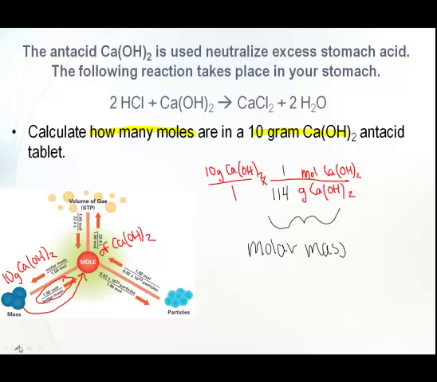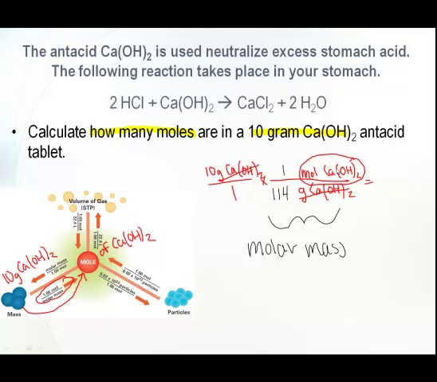So whenever we go to solve this, we're going to see that grams of calcium hydroxide cancels with grams of calcium hydroxide. The only unit I'm left with is moles of calcium hydroxide. So I'm going to do 10 times 1, which is still 10, divided by 114 times 1, which is still 114.